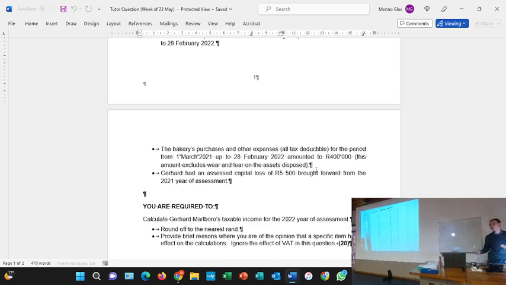It just makes it a lot easier to answer and keep track of all your calculations. I'm just going to write TI for taxable income.